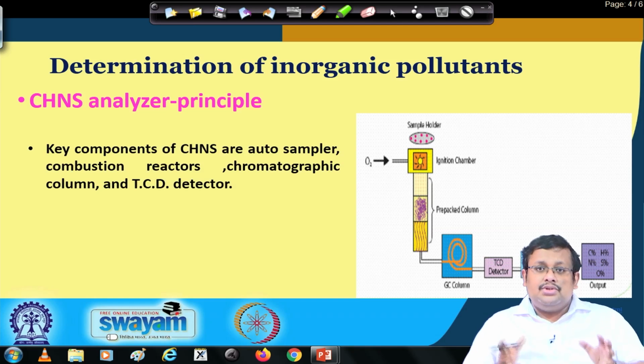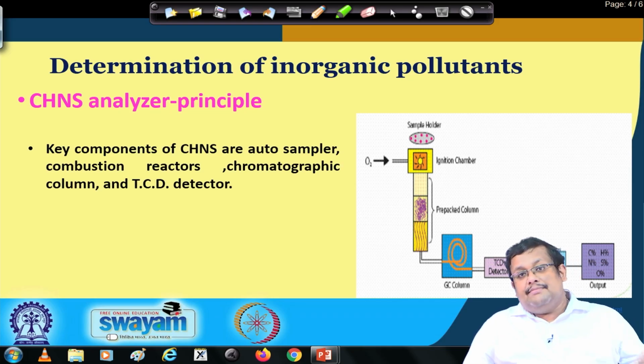Among all these four different instruments which we have talked about, the CHNS analyzer, the continuous flow analyzer and the discrete analyzer are very costly. However, the ion selective electrode is comparatively cheaper, and also the Kjeldahl apparatus is comparatively cheaper than the CHNS analyzer.